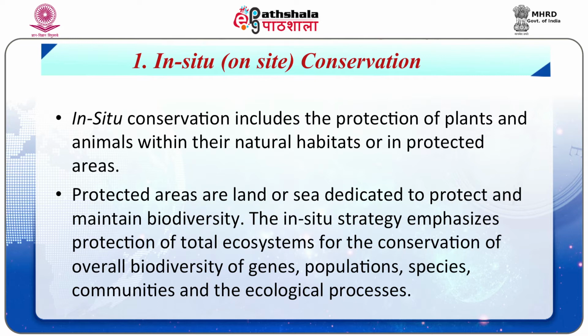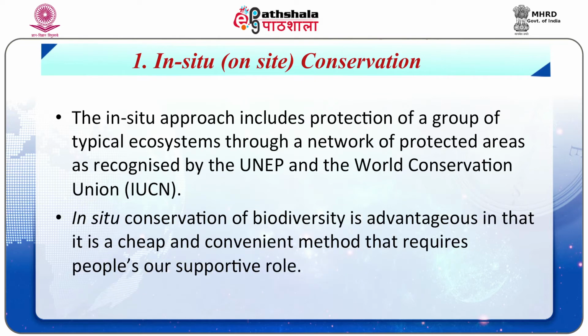The in situ strategy emphasizes protection of total ecosystems for the conservation of overall biodiversity of genes, populations, species, communities and ecological processes. The in situ approach includes protection of a group of typical ecosystems through a network of protected areas as recognized by the UNEP and the World Conservation Union (IUCN).